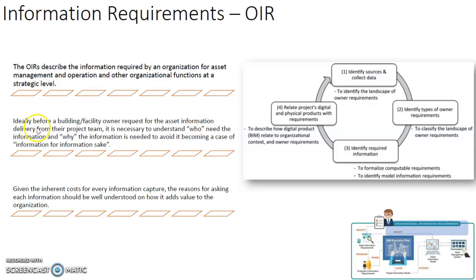Ideally, before the building or facility owner requests for asset information delivery from their project team, it is necessary to understand who needs the information and why the information is needed, to avoid it becoming a case of information for information's sake. The reason is because it takes effort in order to capture the information, and it takes more resources and effort to capture the information accurately.